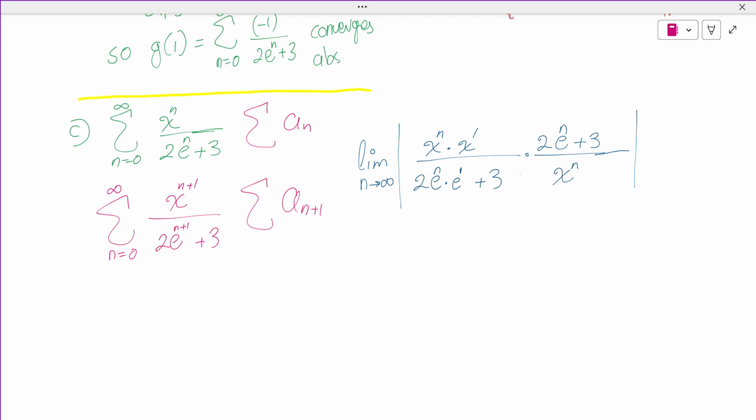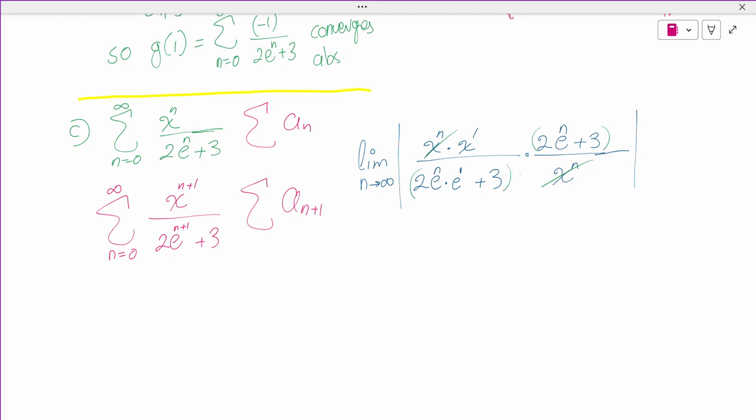Clear? x to the power of n over x to the power of n, 2e to the power of n. No, we don't cancel them, because this is one thing and this is one thing as well.